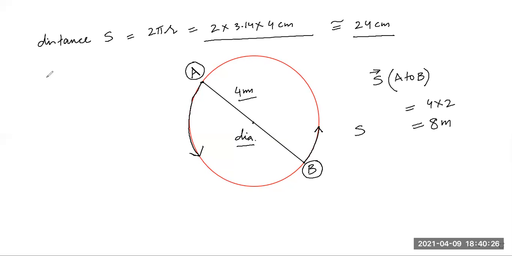But what is his displacement? I once again repeat, displacement is the linear distance between initial position and final position. Now the person has started from A, he has come back to A. May I ask Hargunpreet Singh, in this case, when he started from A, reached B, kept traveling and reached back again, can you tell what is the displacement, Hargun?